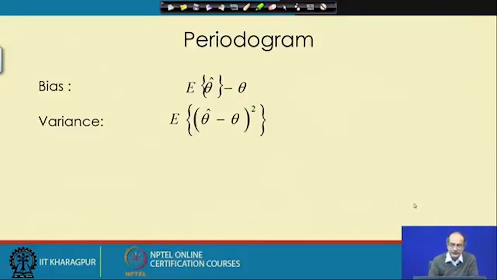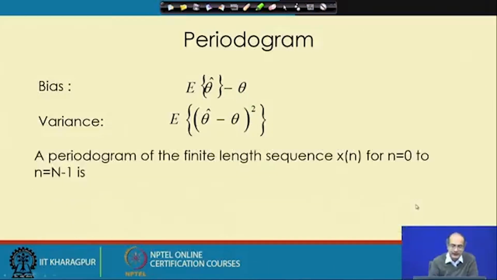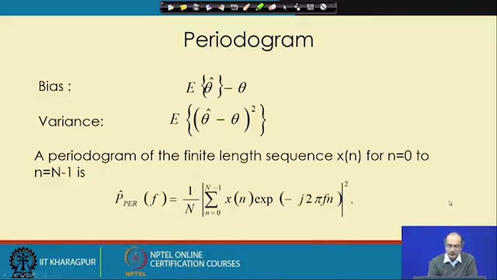Okay. So, we get the expression of bias and variance, and now let us look at our working definition of the periodogram using the sequence x n for n varying from 0 to capital N minus 1. Okay. From this definition, now we will try to find out how the bias and the variances come up. Okay.